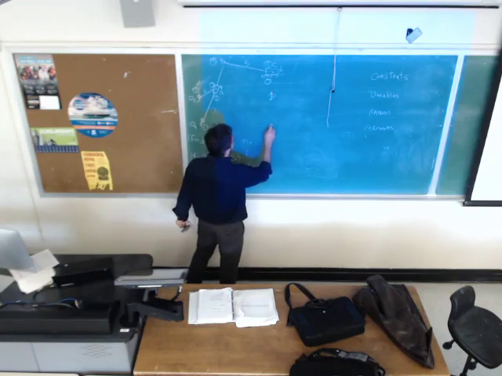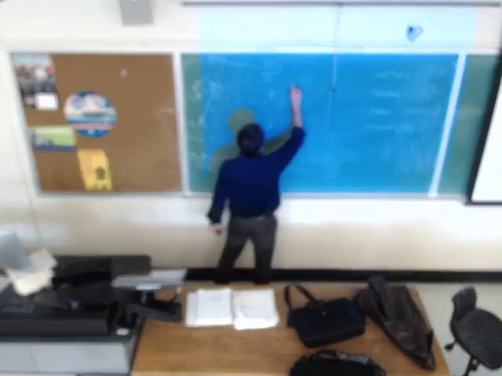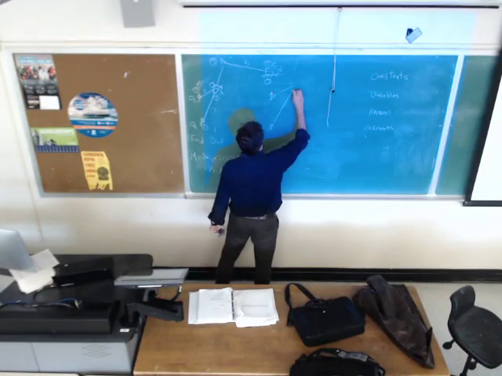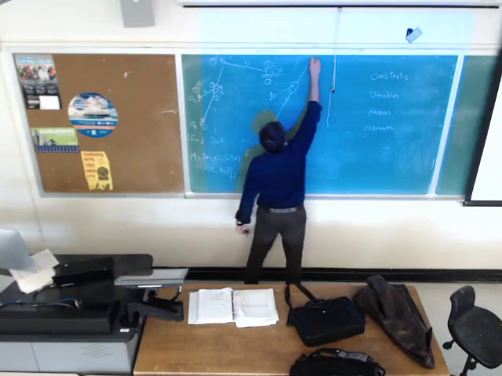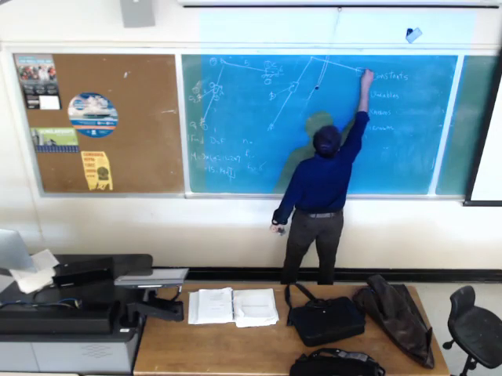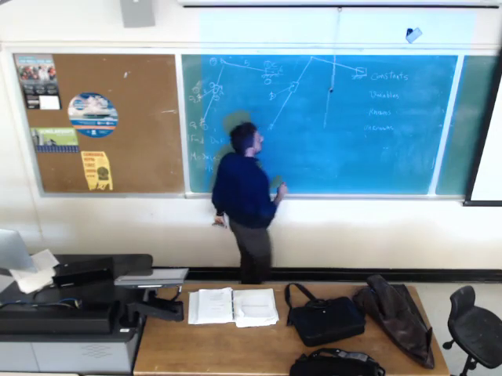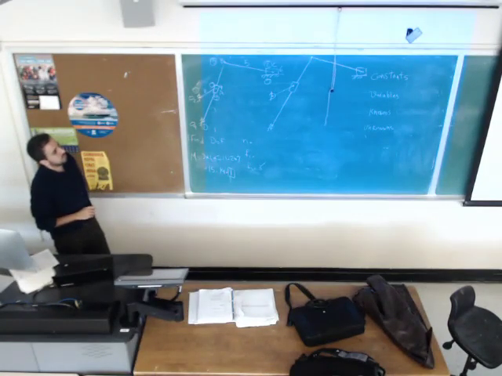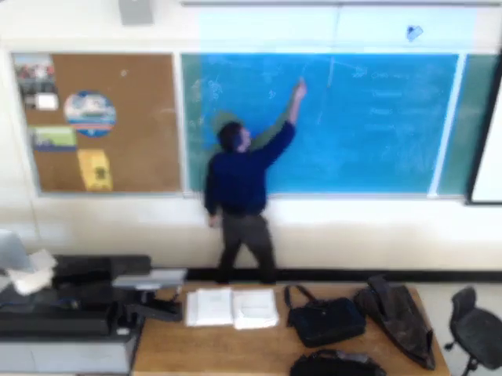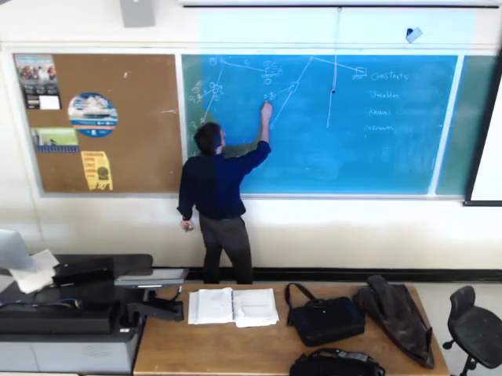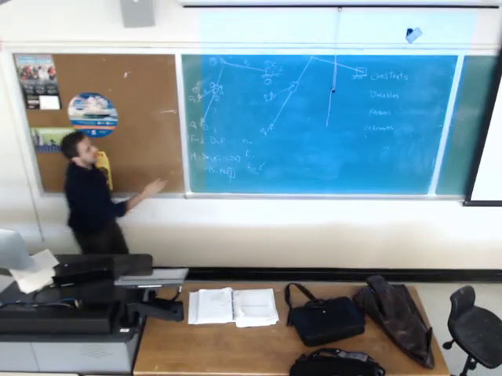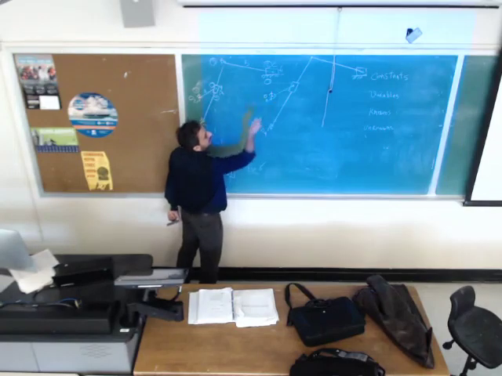Let me draw this one more time here. So I'm ready to form the vectors. Each link should be treated as a vector. I assume O2 is the origin, so I will start from this.